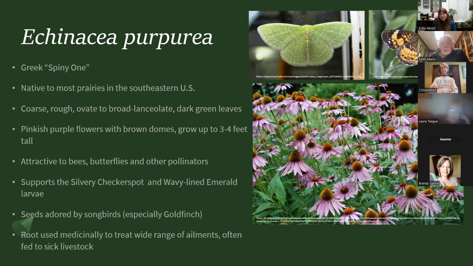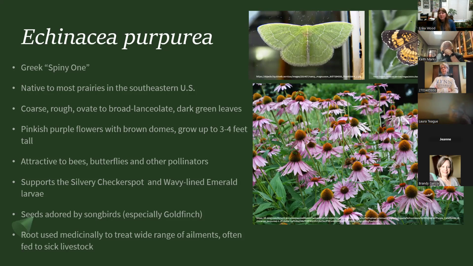There are several different species of echinacea that are found throughout the U.S., but probably the poster child, if you will, is Echinacea purpurea. These have very coarse, rough leaves, just like we had mentioned, again semi-deer resistant, if you will.